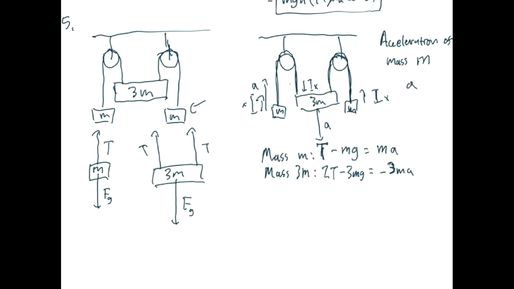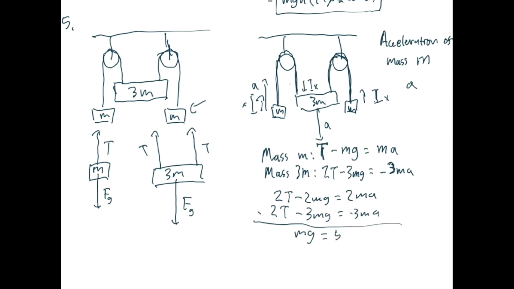So with that in mind, let's just eliminate T. So we have 2T minus 2mg equals 2ma, and 2T minus 3mg equals -3ma. Now we can just subtract them to eliminate T. And we get that mg equals 5ma, which means that a equals g over 5. And that is our answer.